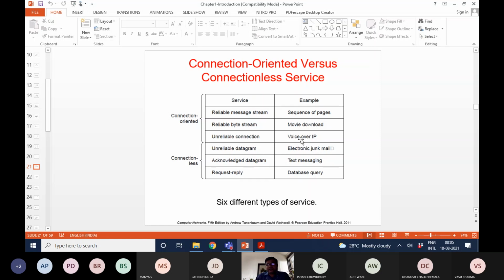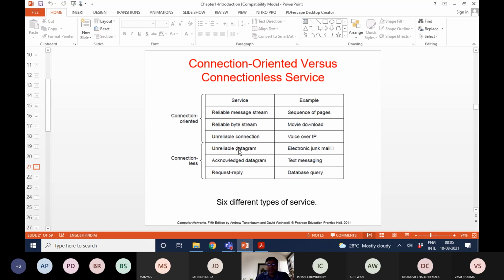Because the internet is involved there, that type of service is called an unreliable connection, because sometimes we may be able to reach the other end, and sometimes we may not, if the internet connection is not there. But if we use analog communication, there is a 90% or higher chance that we can contact the receiver.